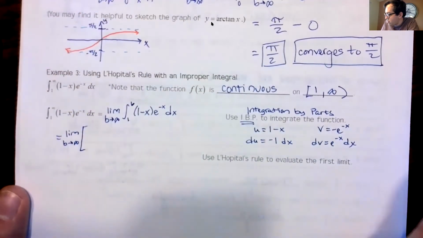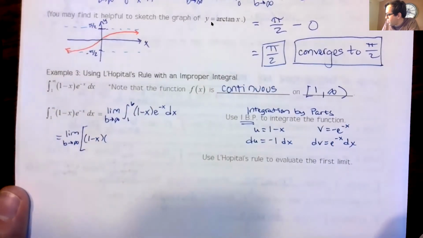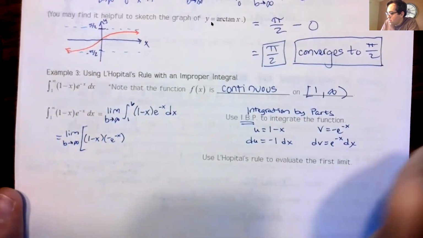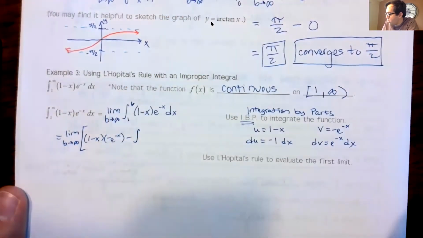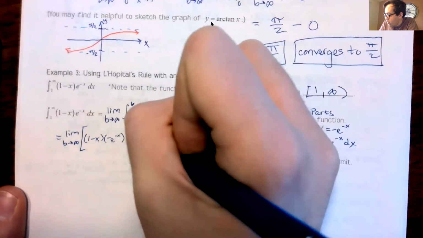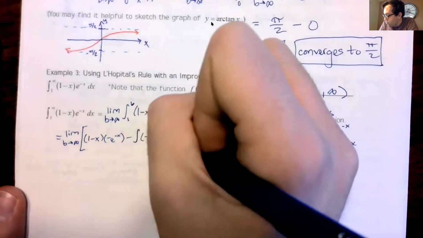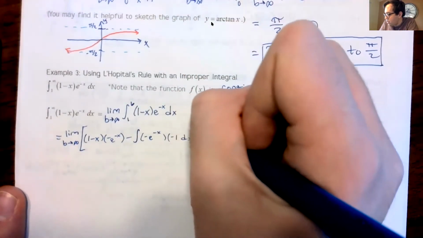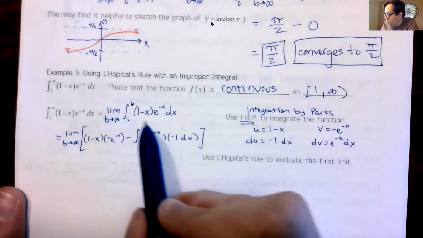And it's going to be u times v, so 1 minus x times v, negative e to the negative x, minus the integral of v, negative e to the negative x times du. So negative 1 dx. And that whole thing needs to be evaluated from 1 to b.